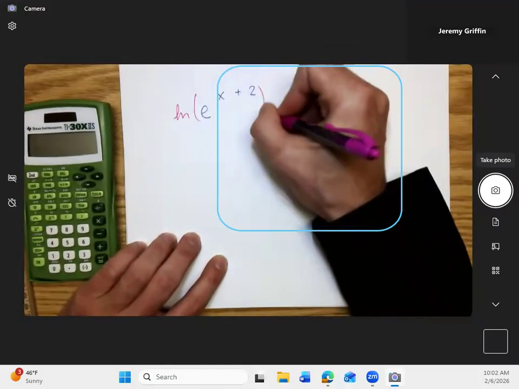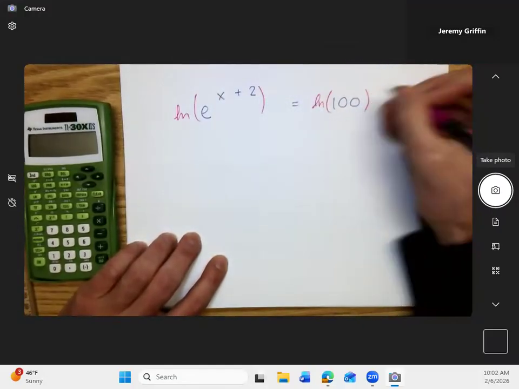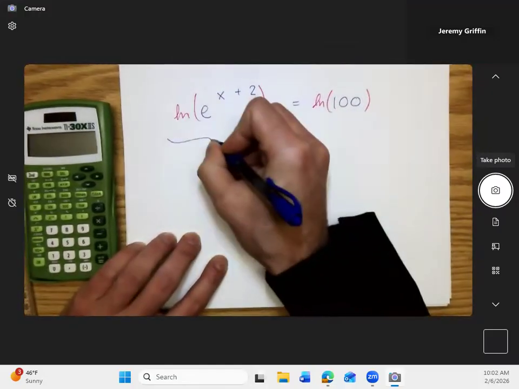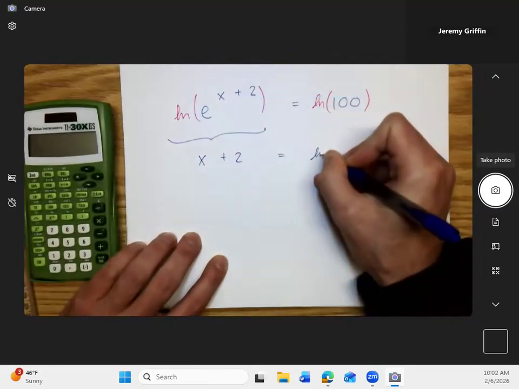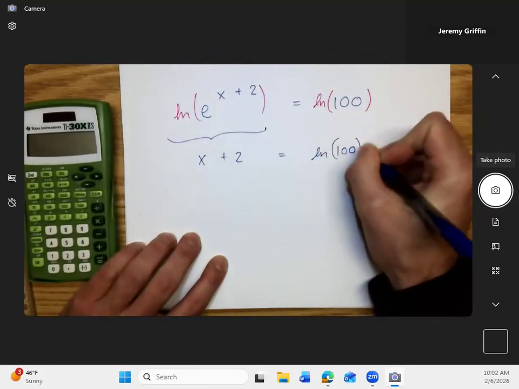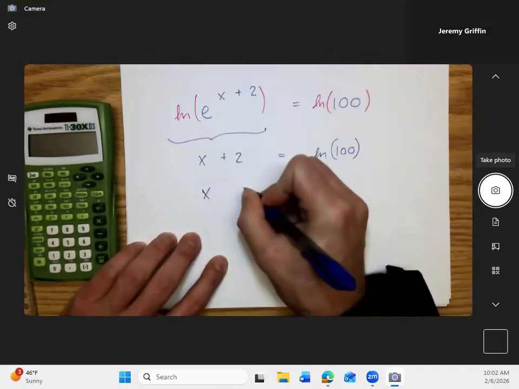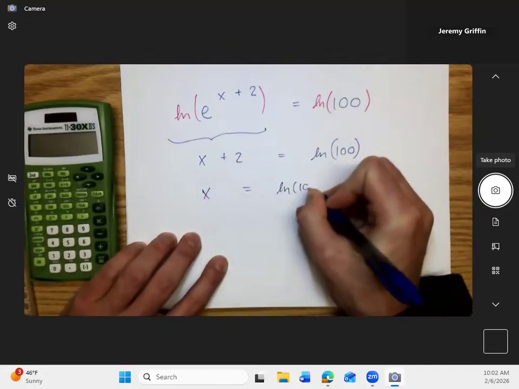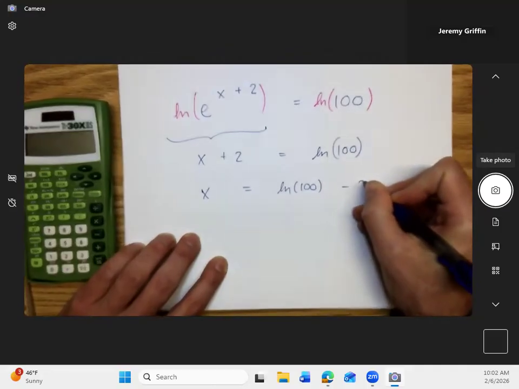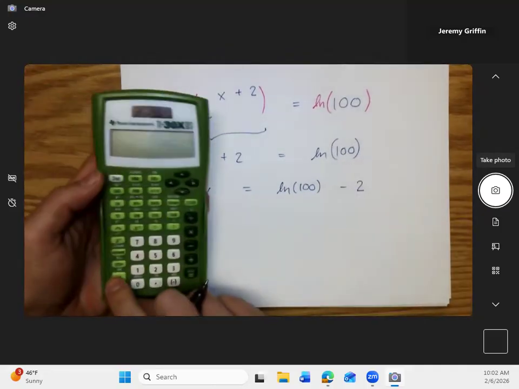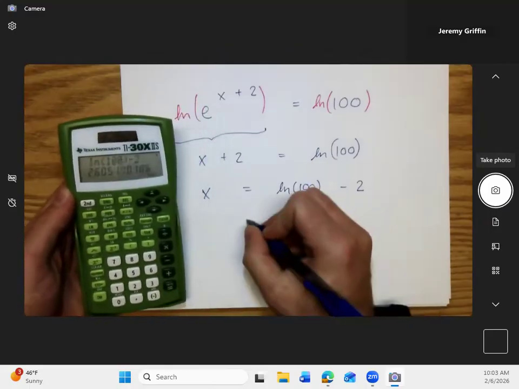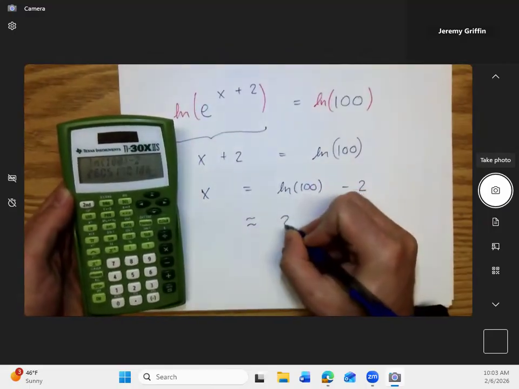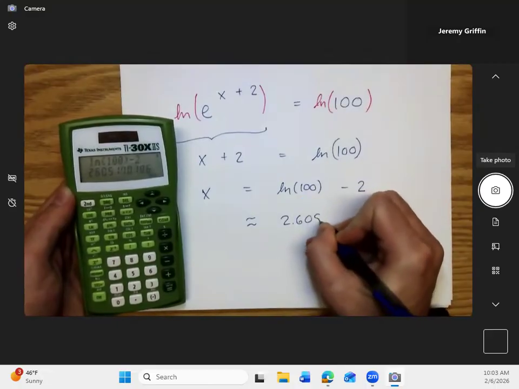You take natural log of both sides. So this over here is just x plus 2. This side is natural log of 100. And let's see what that is. Natural log of 100 minus 2, so approximately 2.605.